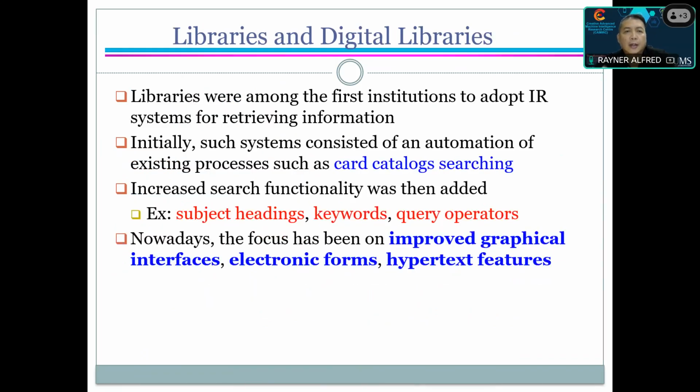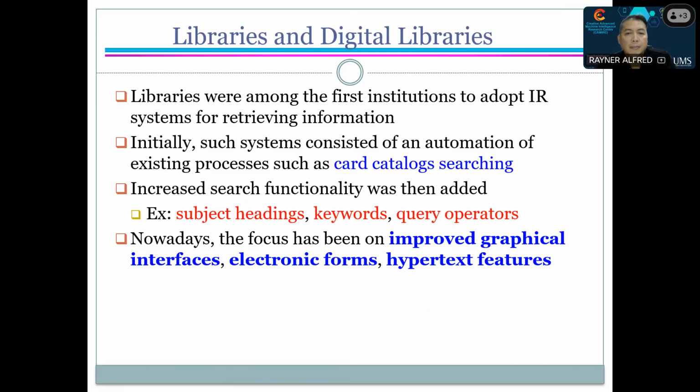Okay. So if we look at the usage of information retrieval, last time libraries and digital libraries played an important role, where they adopt the IR system for retrieving purposes. Last time we had the card catalog searching, right? Where we flip the cards and try to find the book, and they have this code, then you go to that place and you can find them.